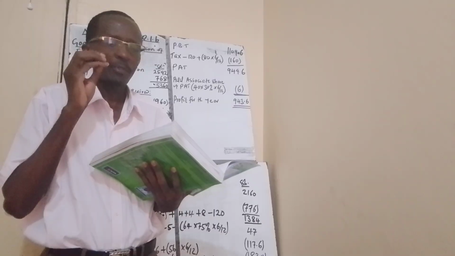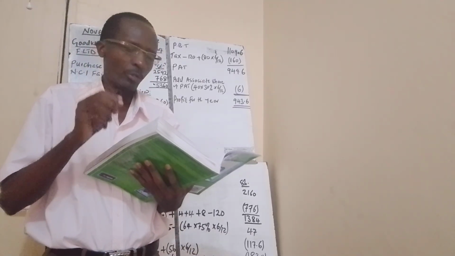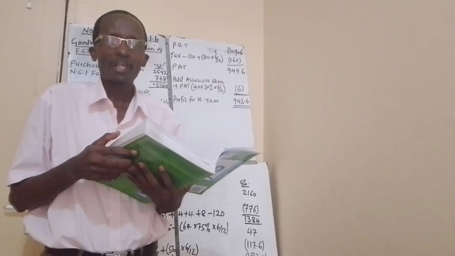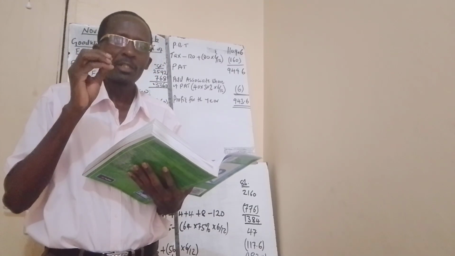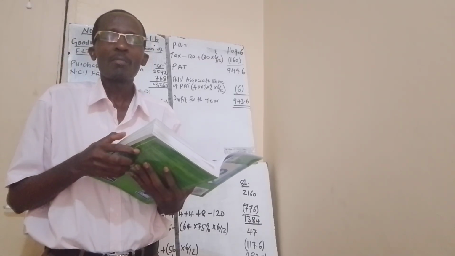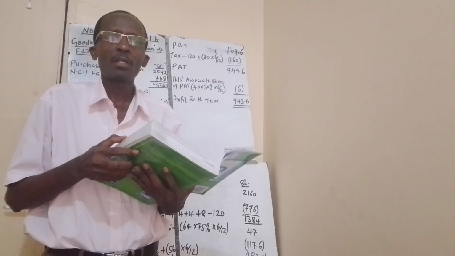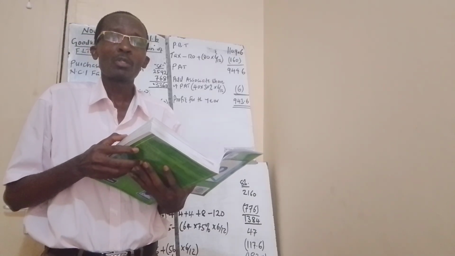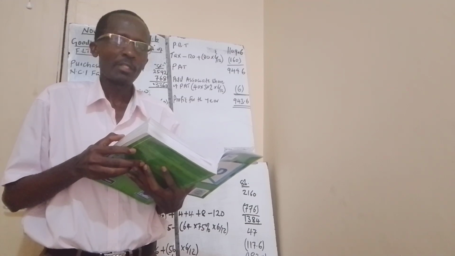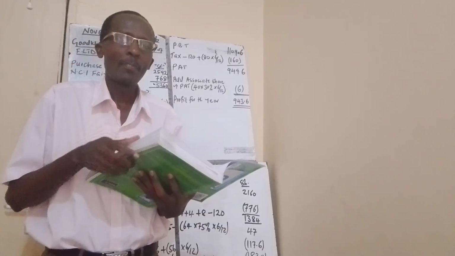So F is the subsidiary. Now the remaining 25% goes to what we call non-controlling interest or the minority interest, the NCI.